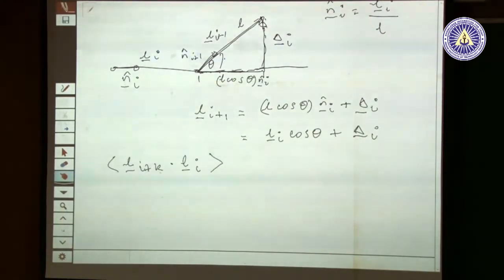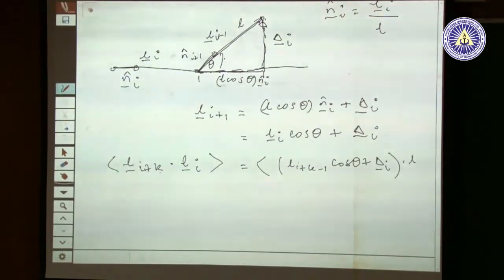Okay. So this I could write as the average of Li plus k minus 1 cos theta plus delta i dotted with Li, right. Just because I am interested in Li plus k, I take the previous vector, that would be this one, and add the perpendicular direction delta i.